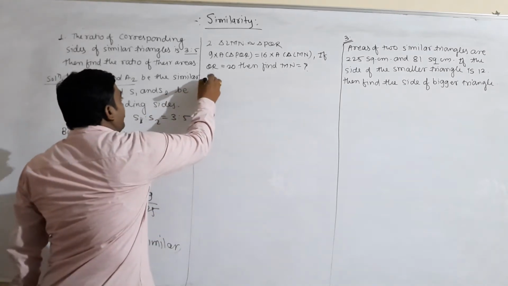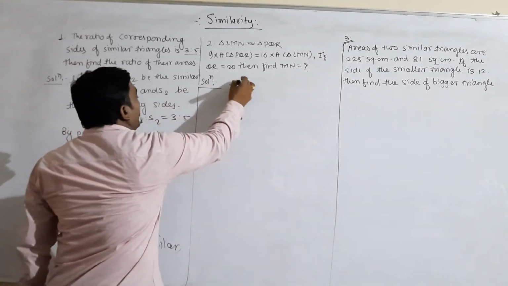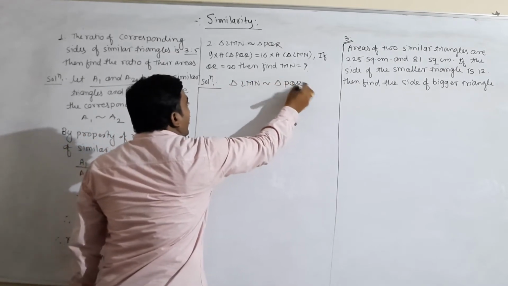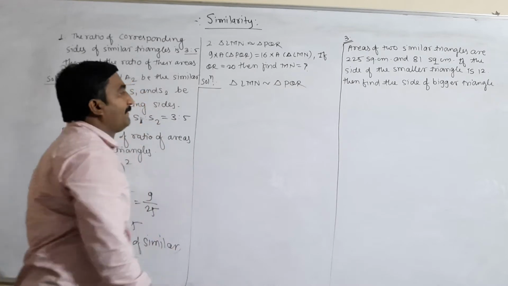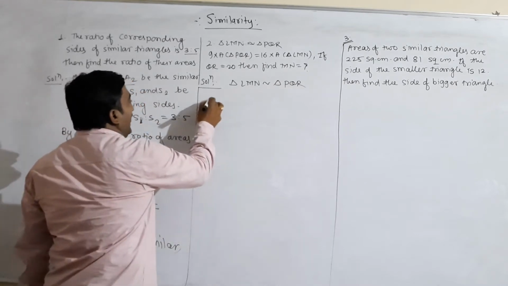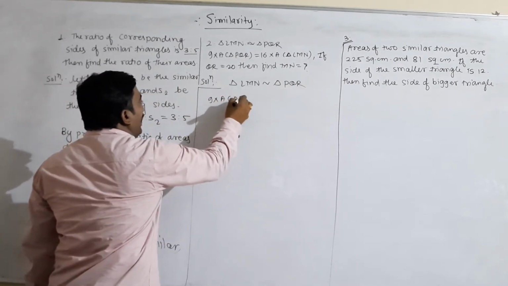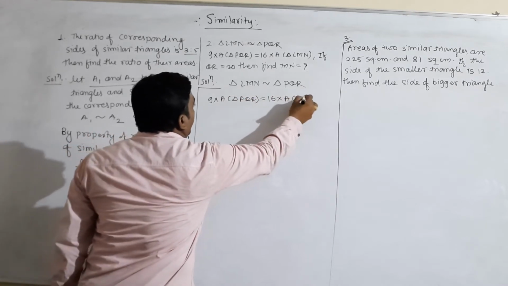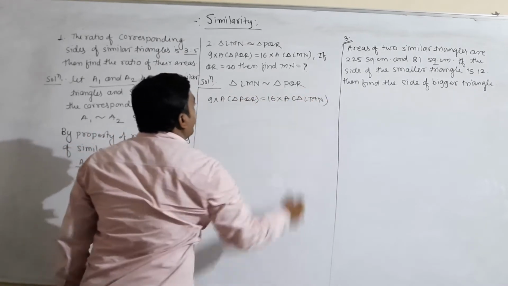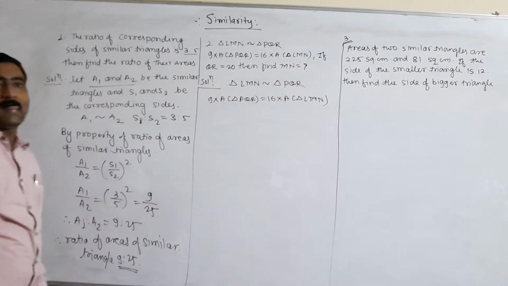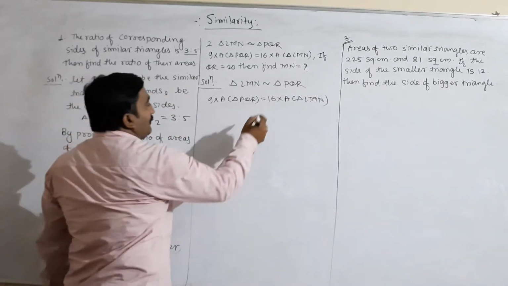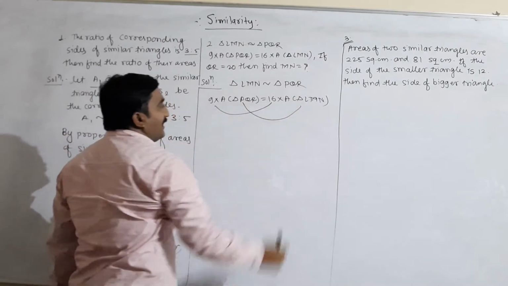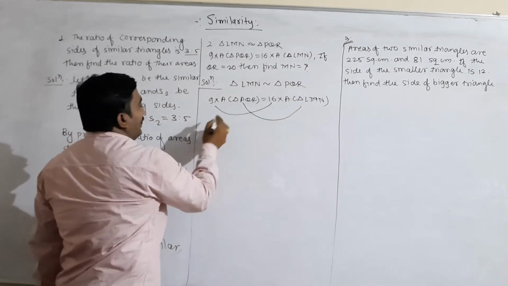So the solution of second problem, we have given here triangle LMN similar to triangle PQR and the condition is that 9 into area of triangle PQR is equal to 16 into area of triangle LMN. So this 16 comes here and this area of triangle goes to the other side in the denominator.